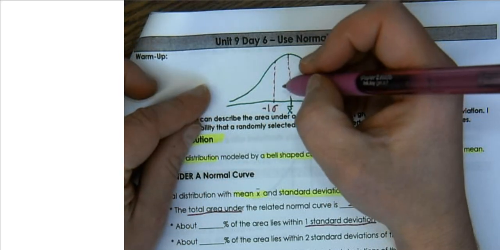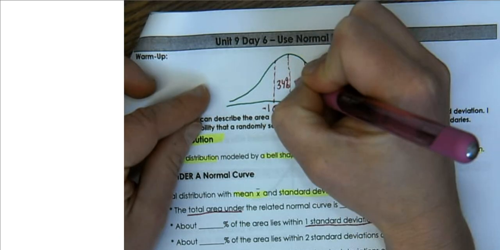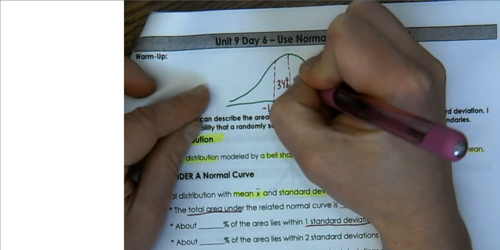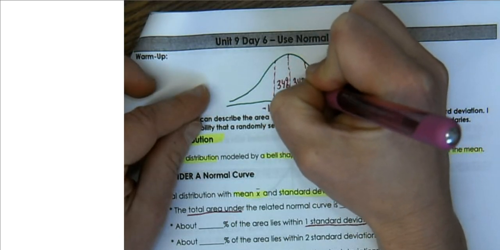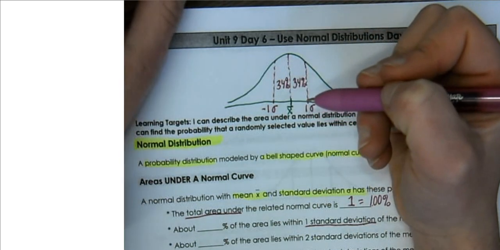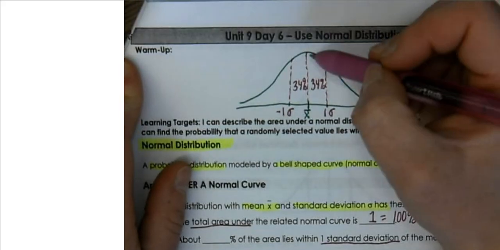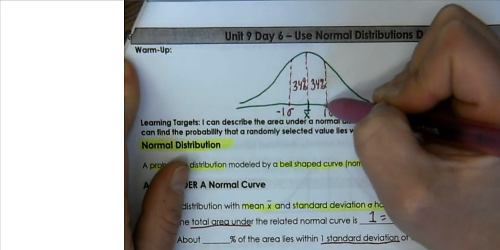And each of these areas represents 34% apiece. So 34%, or 0.34 if we wanted to write it as a decimal, of the area. If we were to shade this block right here, we would be shading 34% of our curve. And if we shaded this block, it would represent 34% of our curve.